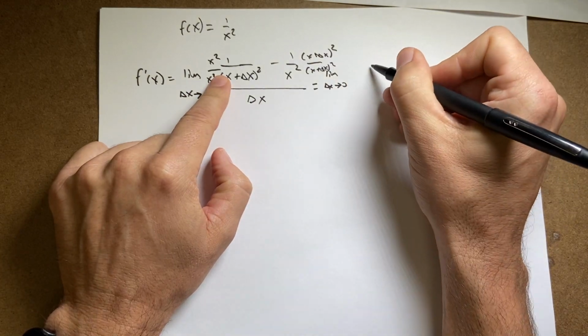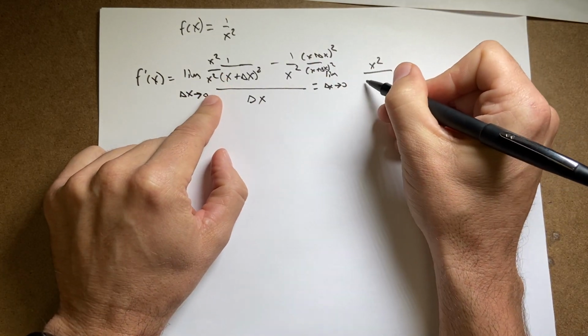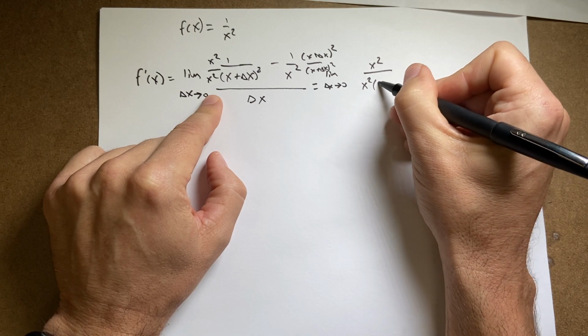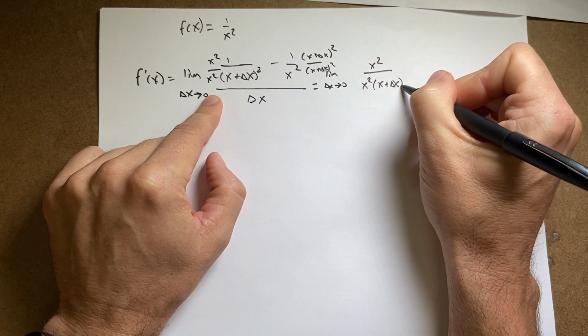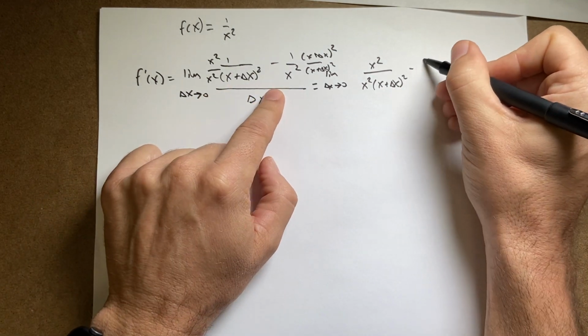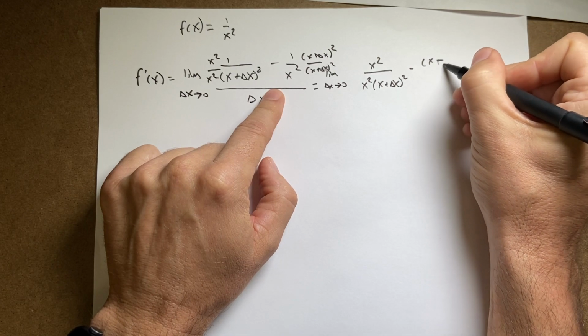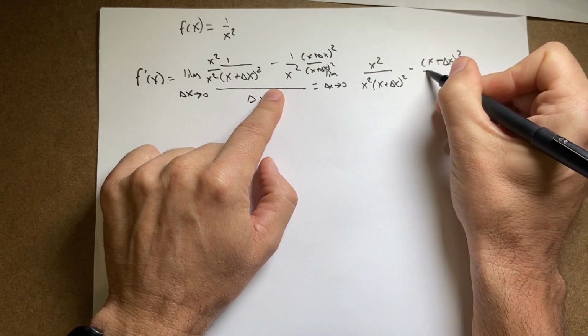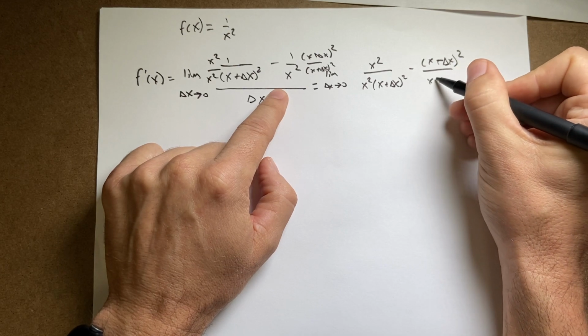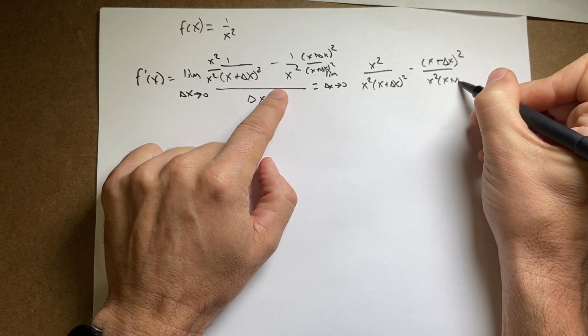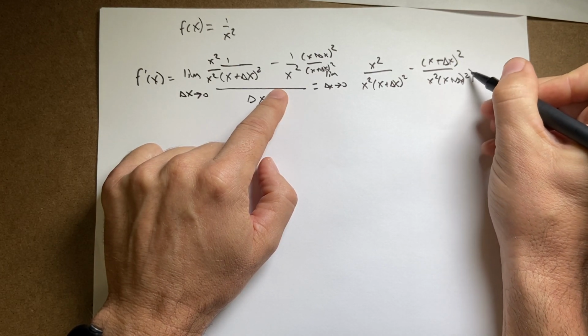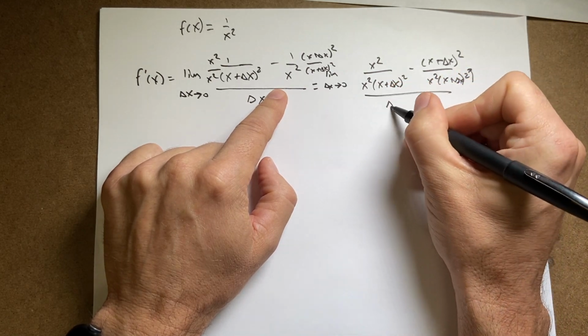So I get x squared over x squared times x plus delta x squared, minus x plus delta x squared over x squared times x plus delta x squared, and then all of that over delta x.